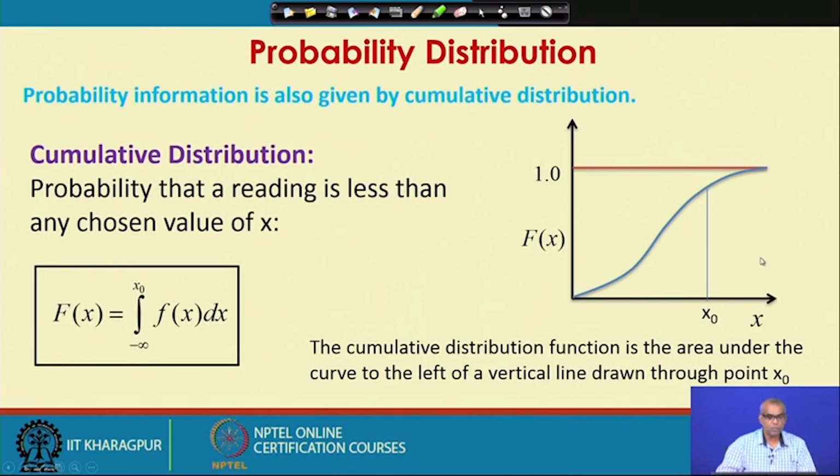The probability information can also be given by cumulative distribution. Probability that a reading is less than any chosen value of x represents cumulative distribution. So, the cumulative distribution is defined by this integral.